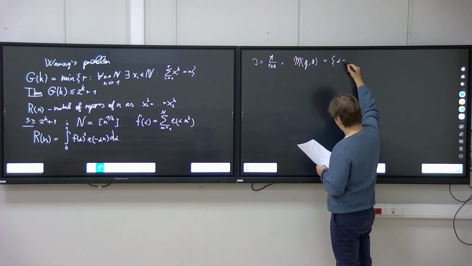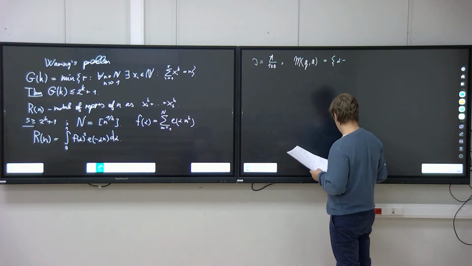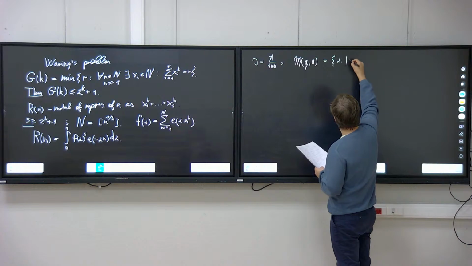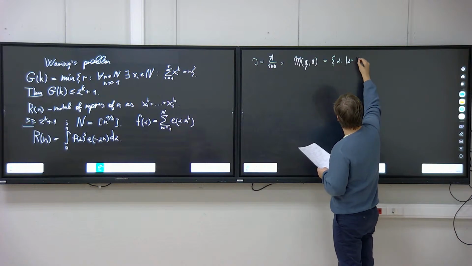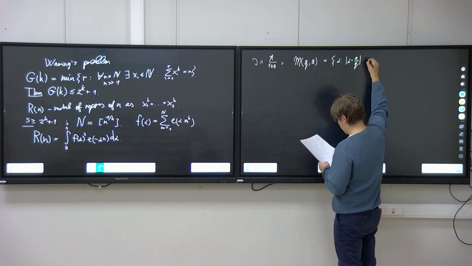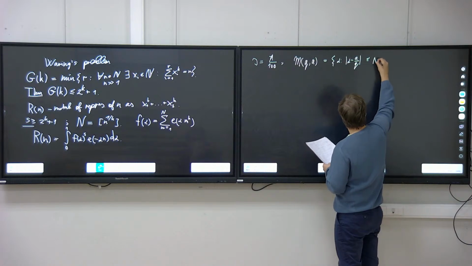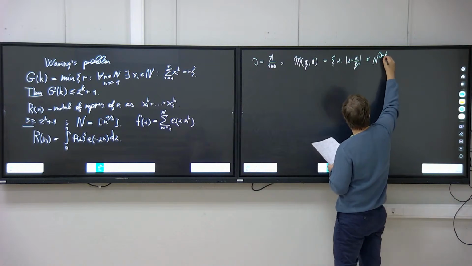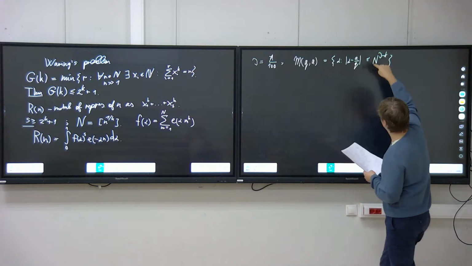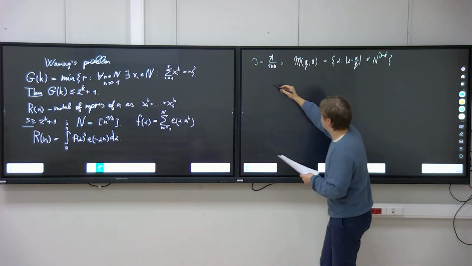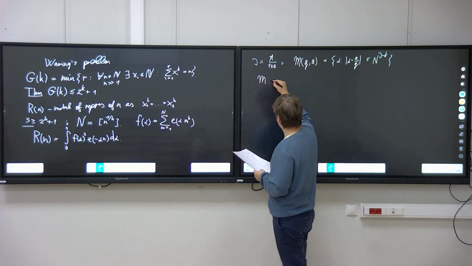It's numbers in a little neighborhood of a over q, less or equal than n to the power nu minus k. So this is a very small number, and m become large arcs.